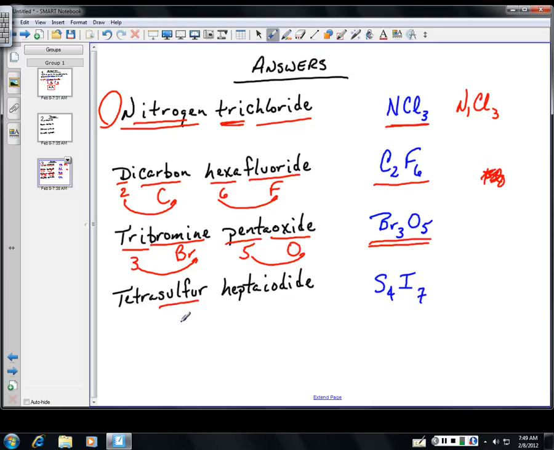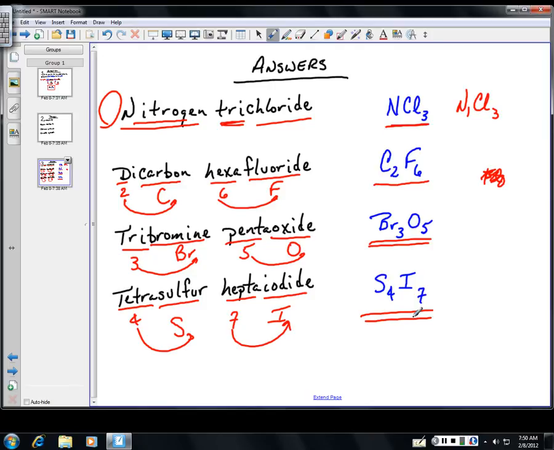Sulfur, spelled correctly, S-U-L-F-U-R. Tetra, Greek for 4, so that's going to be our subscript there. Iodide on your anion sheet is just a big I. Hepta, this is one we're not used to using a lot. That's 7, so that's our subscript on iodide. So S4I7.